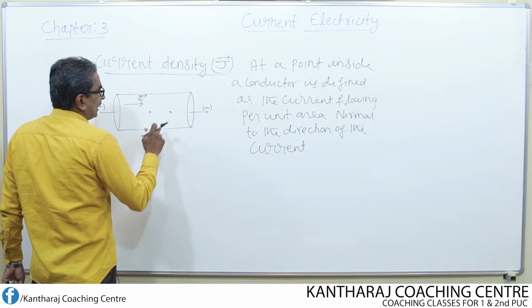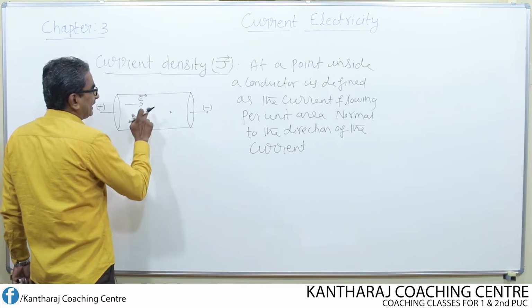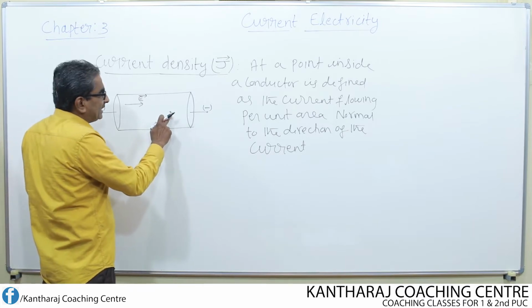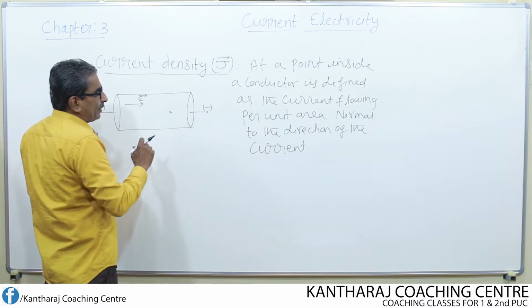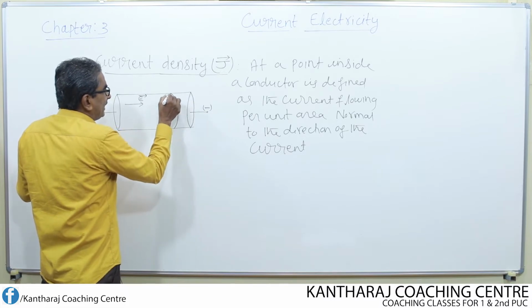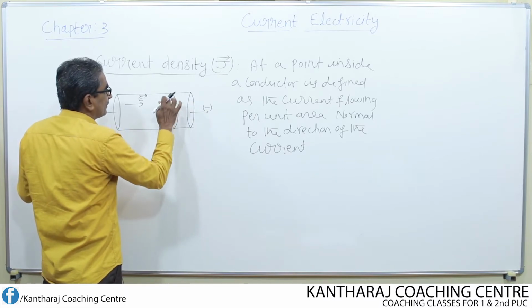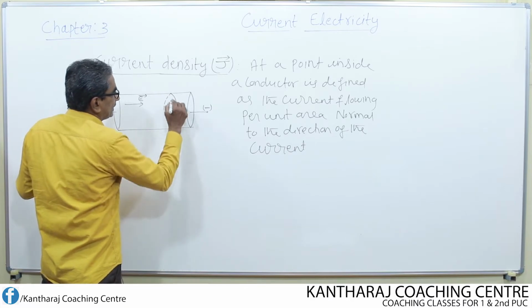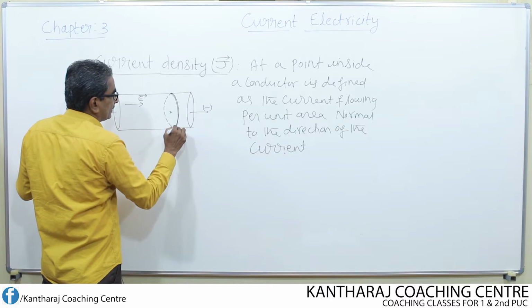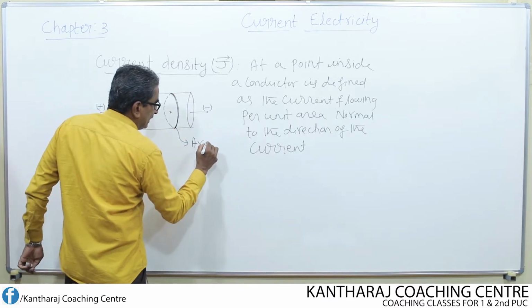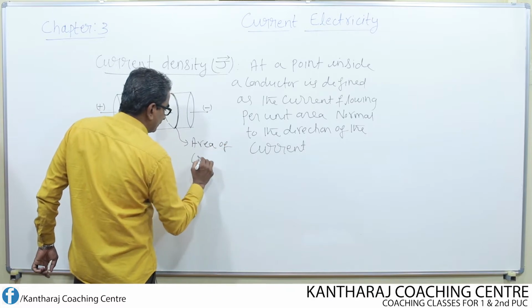Now I choose this point, then I define current density at this point. To define current density at this point, all around this point I consider a small area of cross section. So let us consider this as the area of cross section.